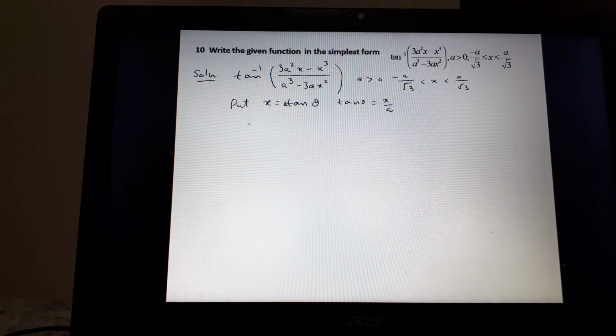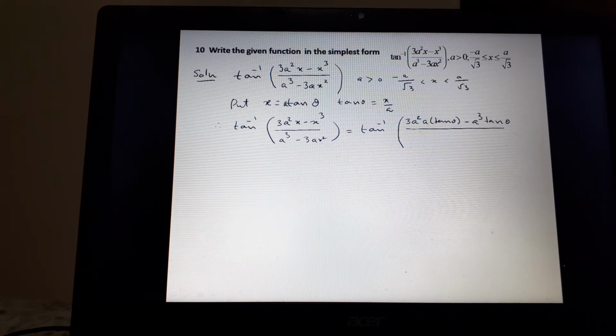So now substitute this. So therefore tan inverse of this given expression, 3a square x minus x cube divided by a cube minus 3ax square, will be equal to tan inverse of 3a square, x is a tan theta, then minus x cube means a cube tan cube theta, divided by below a cube, then minus 3a, then x square means a square tan square theta.